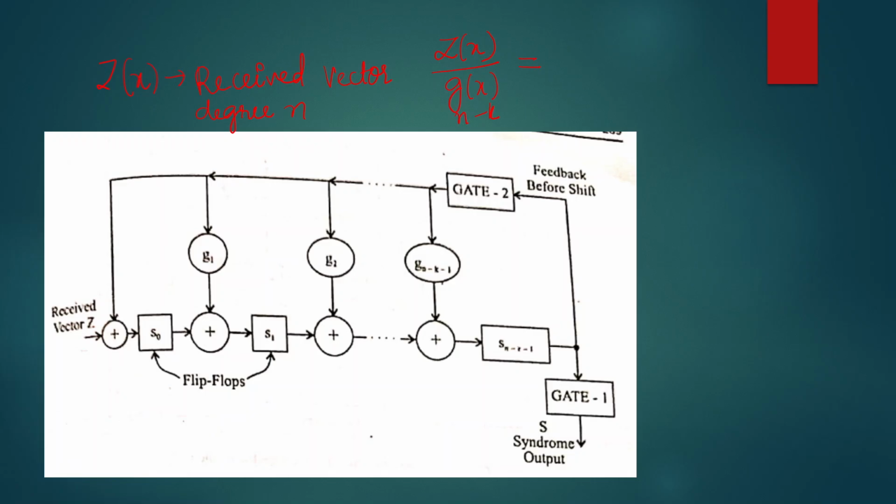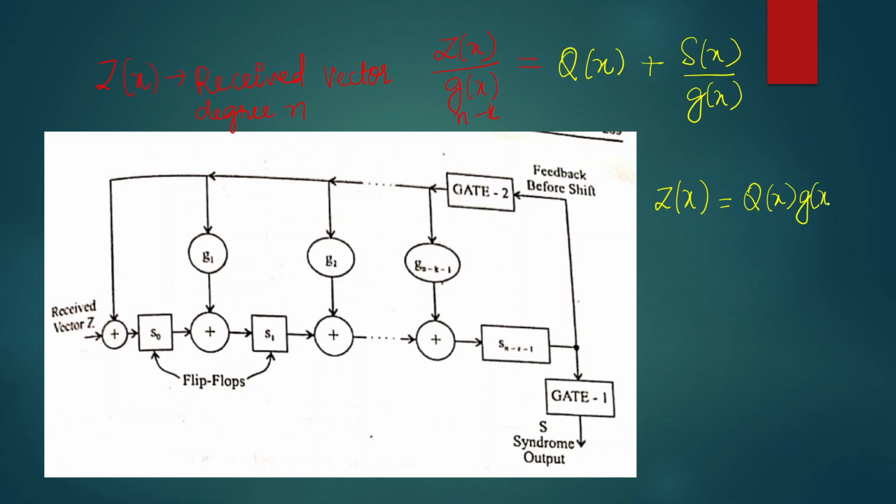Keeping this in mind, when we divide the polynomials, we obtain a quotient polynomial as well as a remainder polynomial, which can be written like this. Any received polynomial will be a combination of a coefficient multiplied with g of x plus s of x.